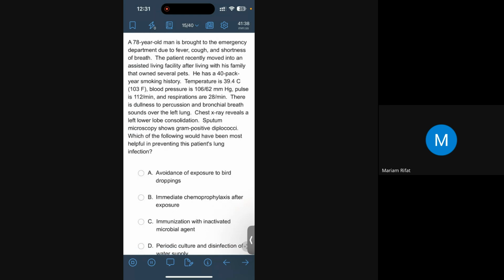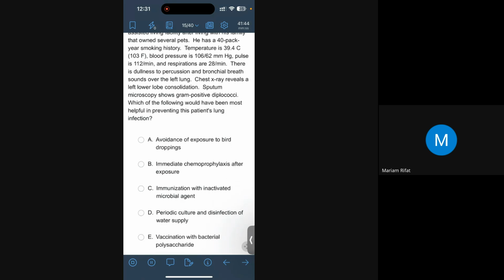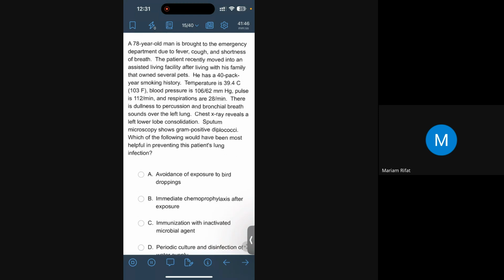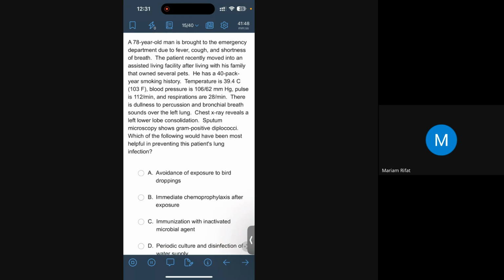Which of the following would have been helpful in preventing this patient's lung infection? Okay. A 70 to 80-year-old man in the emergency department with fever, cough, shortness of breath, from an assisted living facility, 40-pack-year smoking history, blood pressure 106/62, dullness to percussion, bronchial breath sounds over the left lung, left lower lobe consolidation.